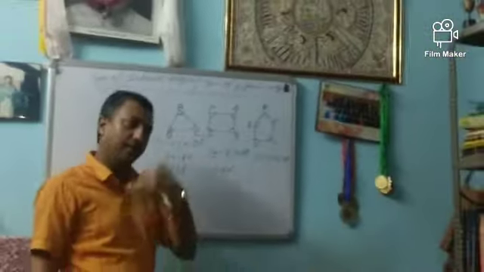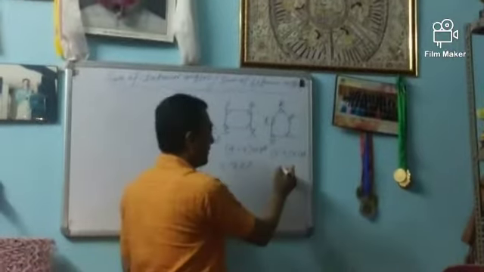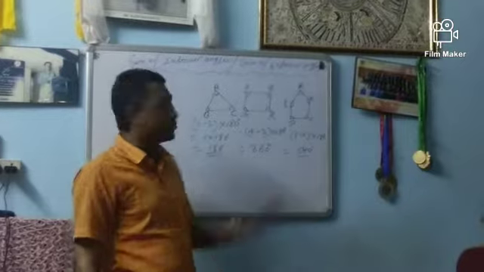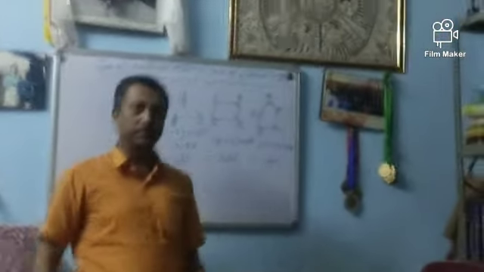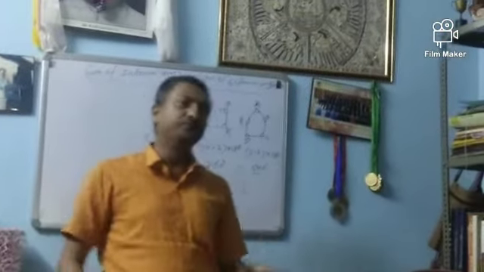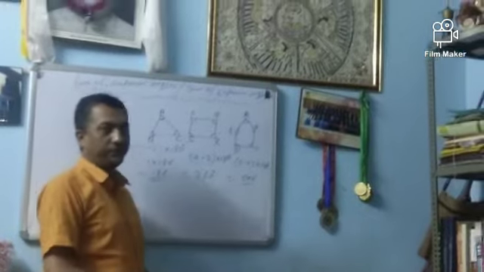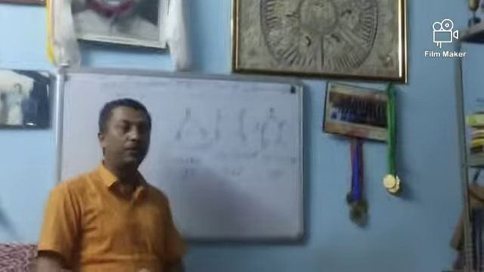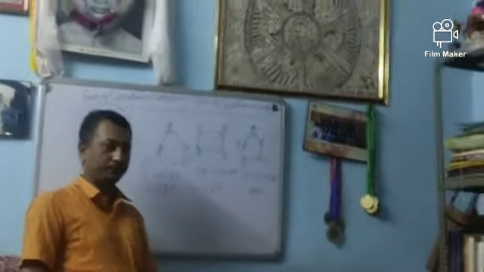So 5 minus 2 is 3, into 180 degrees, which is 540 degrees. Similarly we can find it for hexagon, heptagon, octagon, and any polygon, we can find the sum of its angles.